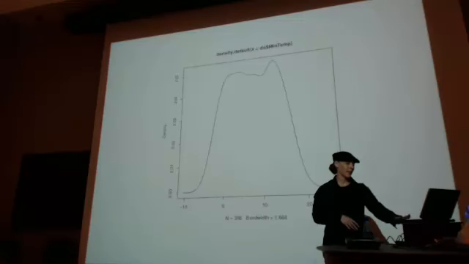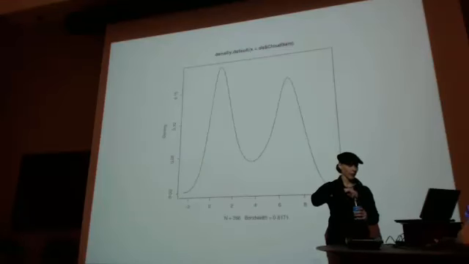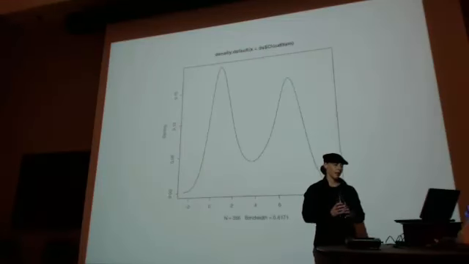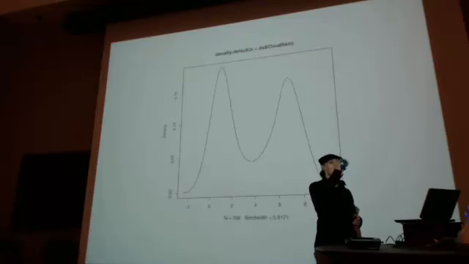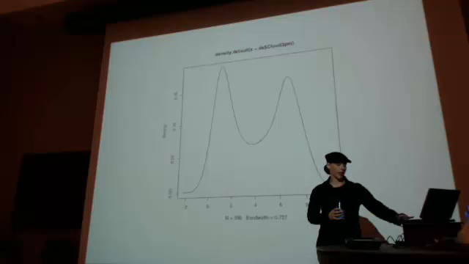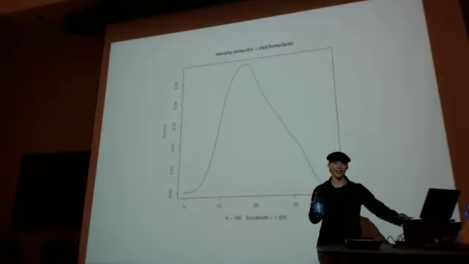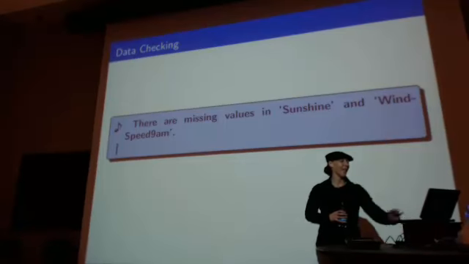Humidity, minimum temperature, humidity again later in the day, pressure later in the day, cloud coverage, or cloud at 9 a.m. And just looking at the distributions of all these variables, I thought was fascinating, so I wanted to share it, whether or not anyone else was as interested as I was.